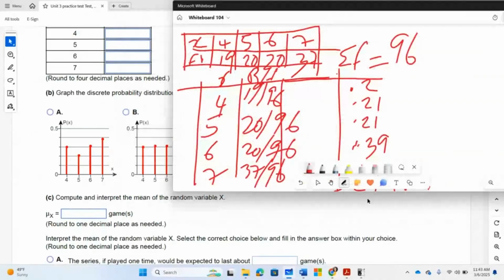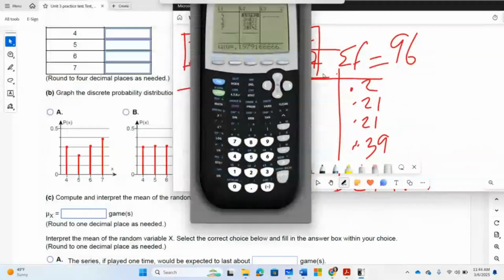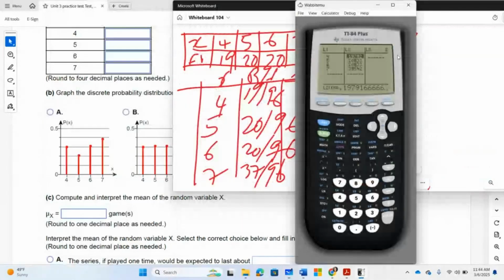In question C, you are told to find the mean of the probability distribution. You already know that the random variables are in L1 and the probabilities are in L2. You do one-variable stats as usual. So you go to STAT, arrow to CALC, do one-variable stats.